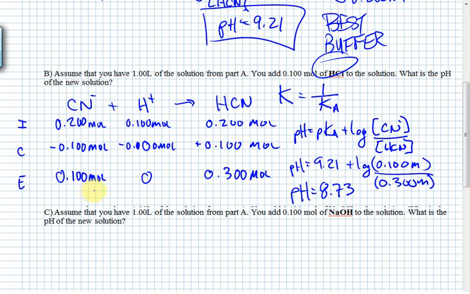The pH goes from the original 9.21 to the final 8.73. The delta pH is only minus 0.48, a much smaller change than we saw in the previous cases. Okay, why? Because we've got a buffer.